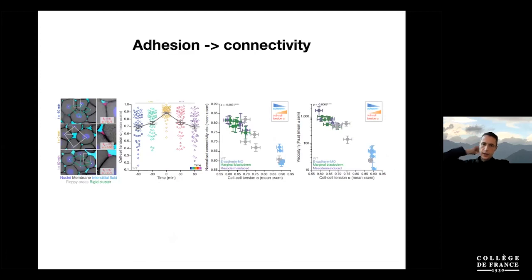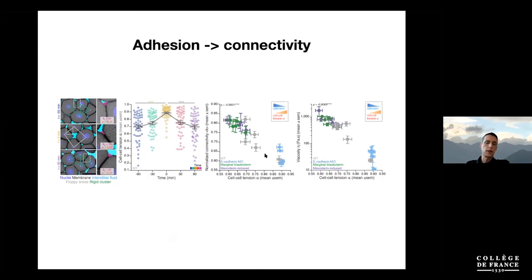Now you can also see that if you look at the contact angle, or the ratio of interfacial tension, or the factor alpha, which is inversely related to the adhesion, then at the point where the tissue is fluidizing at time point 0, the adhesion between these cells is going down, alpha goes up. If you plot the factor alpha, adhesion going down in this direction and alpha going up, then you can see that the normalized connectivity goes down.